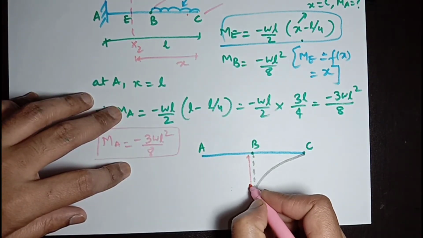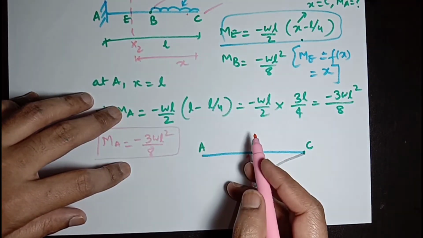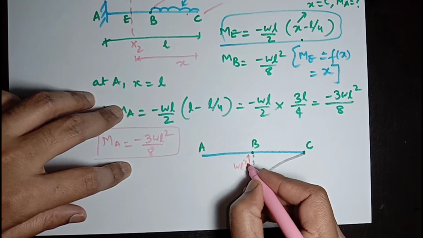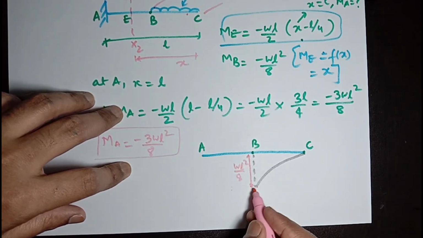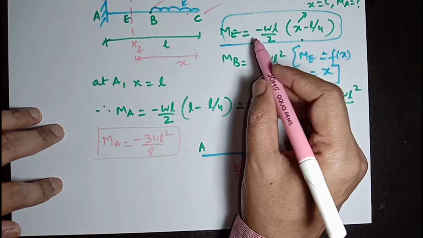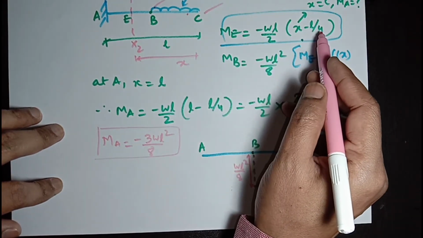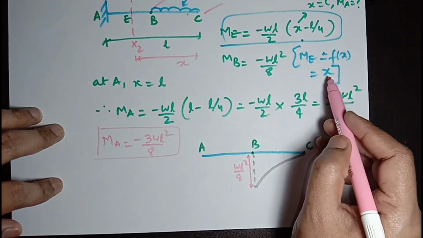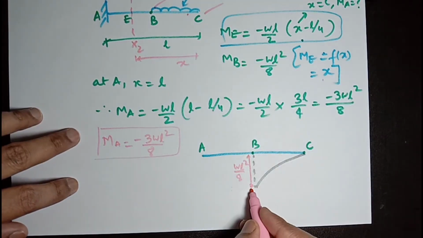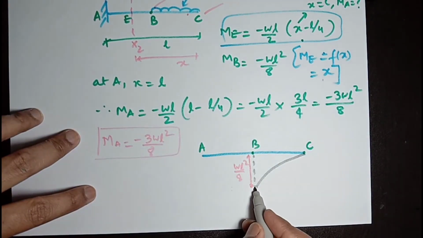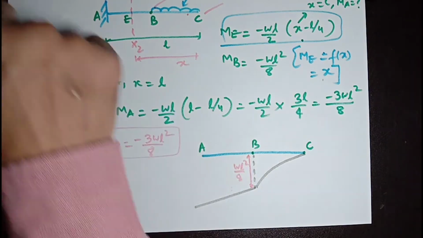As I have calculated it, MB will be minus WL square by 8, WL square divided by 8, and from B to A, the general expression is a function of x, which is a linear curve. So here it will be linear from here to here.